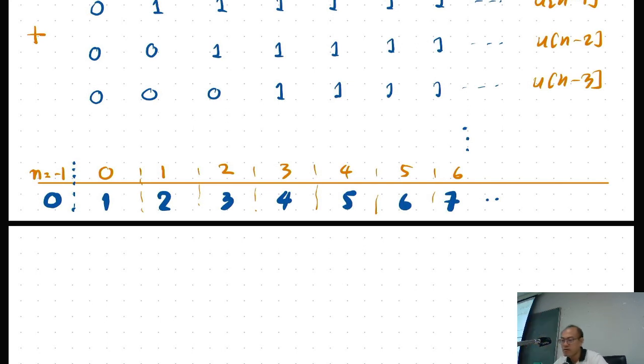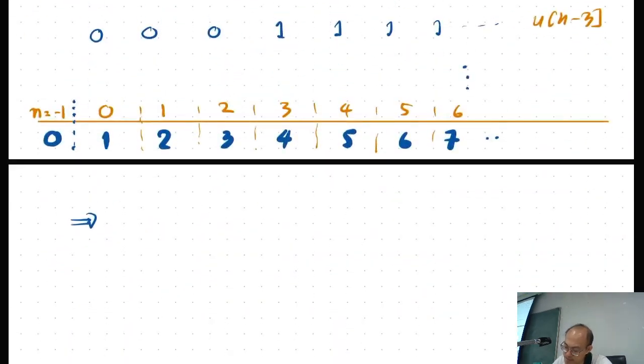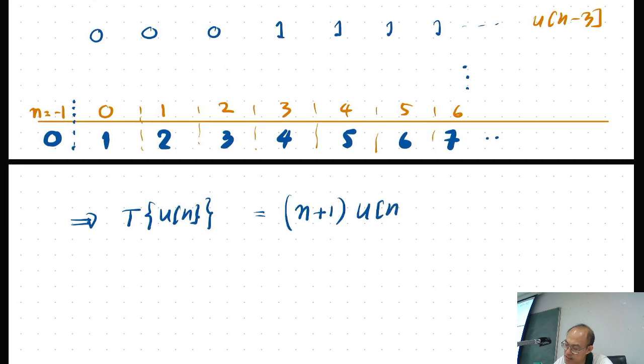So we know right away that T[u[n]] is equal to n plus 1, times u[n]. That is the answer.